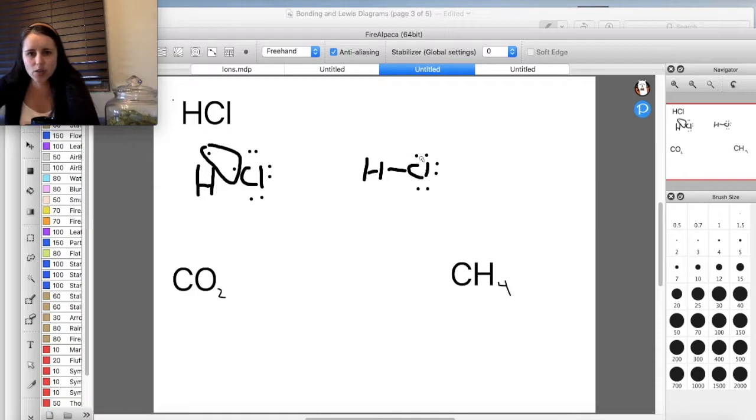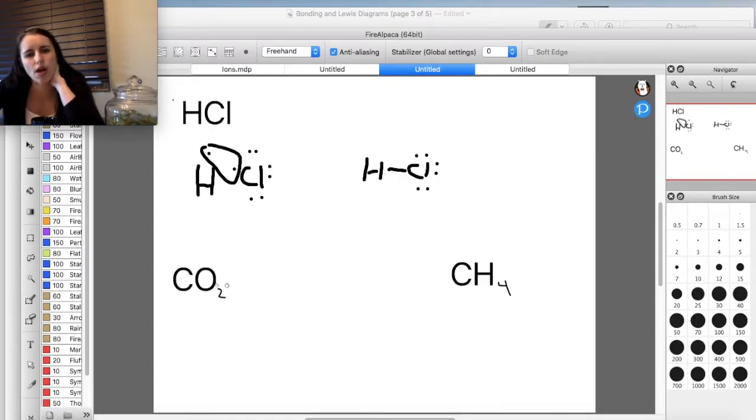Well, it has 1, 2, 3, 4, 5, 6, and this line actually counts for 2. So 1, 2, 3, 4, 5, 6, 7, 8. Hydrogen only wants 2 to be happy, so hydrogen's got 2. It is happy. This is kind of fun because it gets to be like a puzzle. We just have to figure out how to make this puzzle happiest.